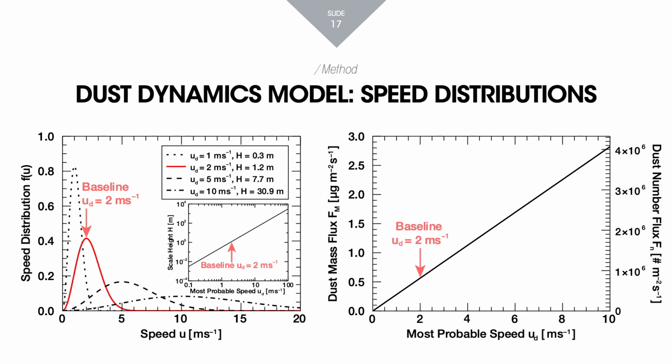On the right-hand side, we see the effect of varying the most probable speed, UD, on the dust ejection and deposition rates, in other words, the flux, at the surface. We give values for the mass flux on the left axis and the number flux on the right axis. Since all dust is ejected at speeds far below lunar escape velocity, the steady-state ejection and deposition rates are identical.